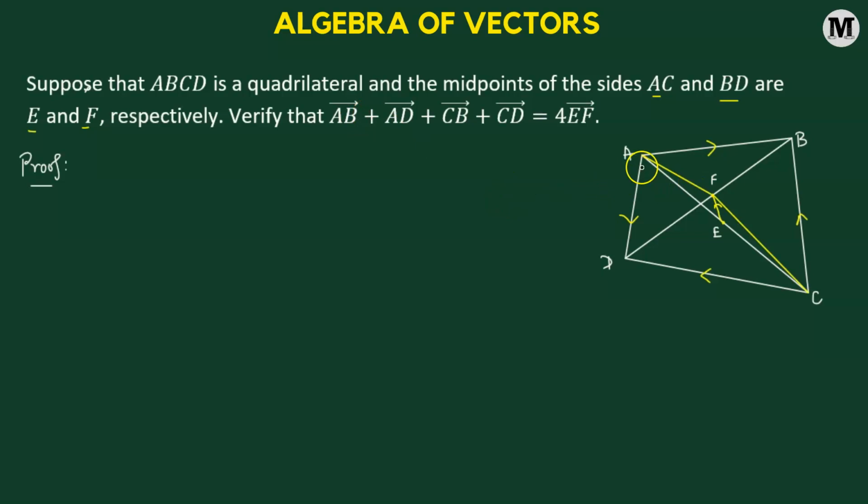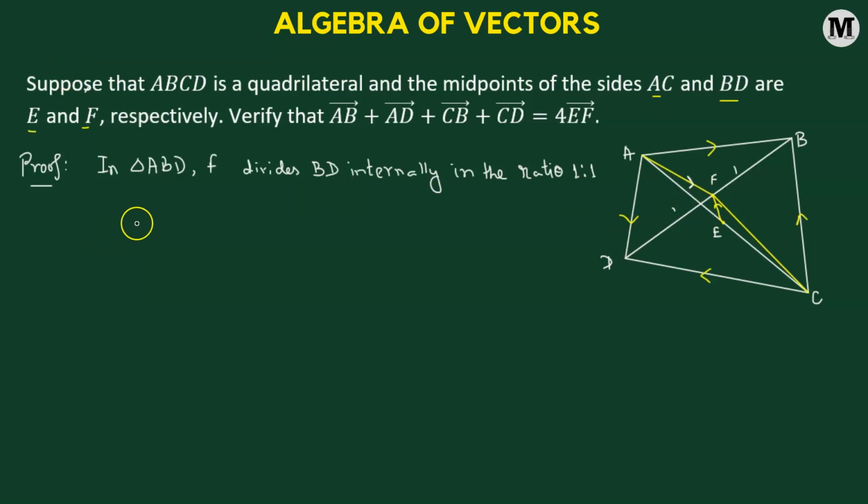Now, let us consider the triangle ABD. Now F divides BD in the ratio 1:1 internally. Since it is dividing BD internally, we can define the vector AF. So AF vector is going to be 1 times AB vector, added to 1 times AD vector.